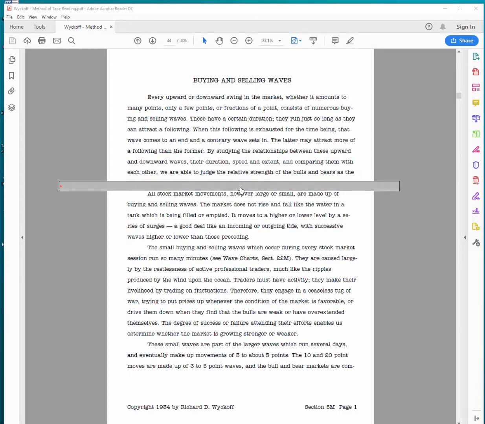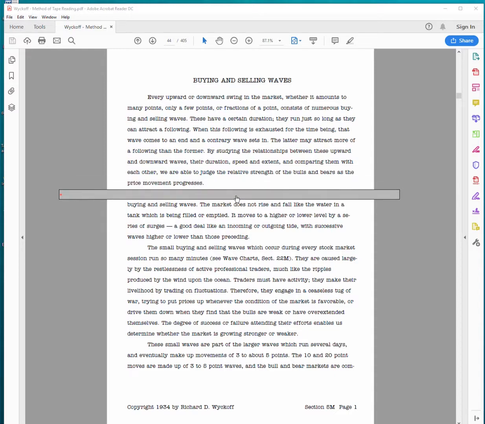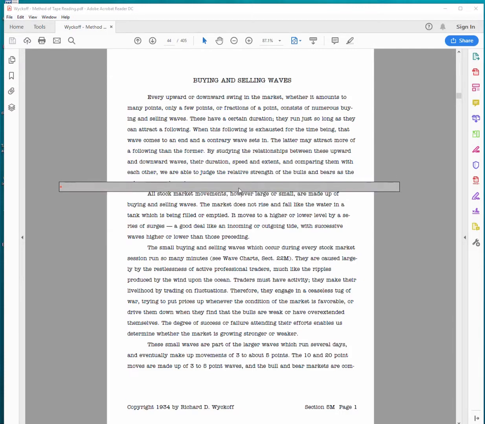By doing this, we are able to judge the relative strength of the bulls and the bears as price moves. That's the whole point. These 3 factors, duration, speed, and extent, or time, price, and momentum, you're looking at their values on the swing up and the swing down in order to determine who's stronger, the bulls or the bears.